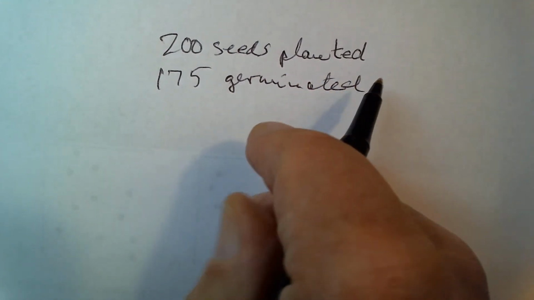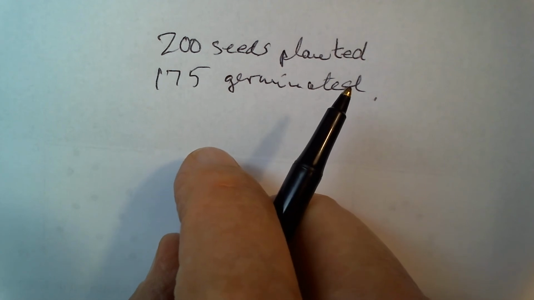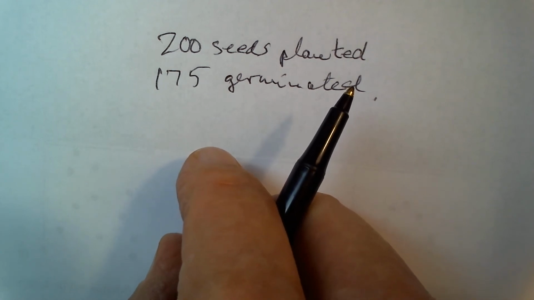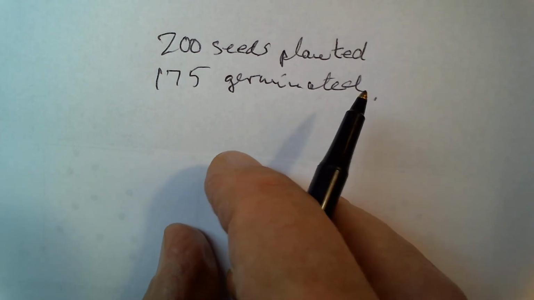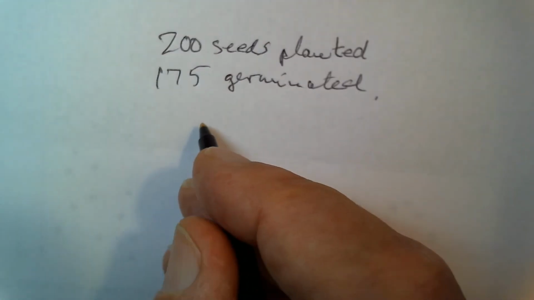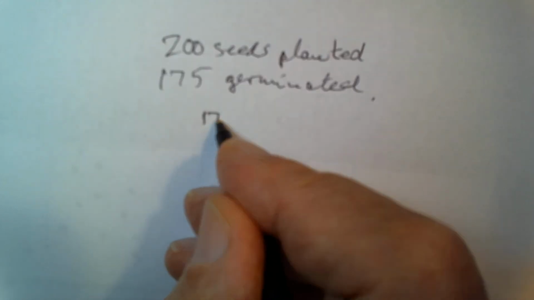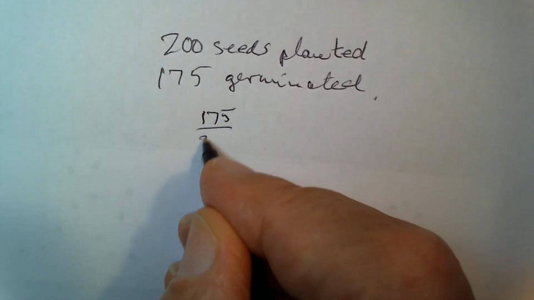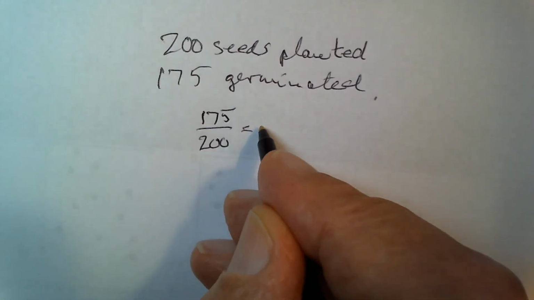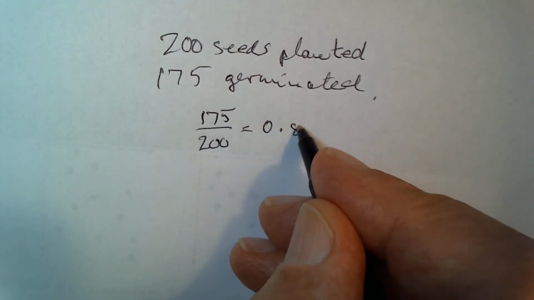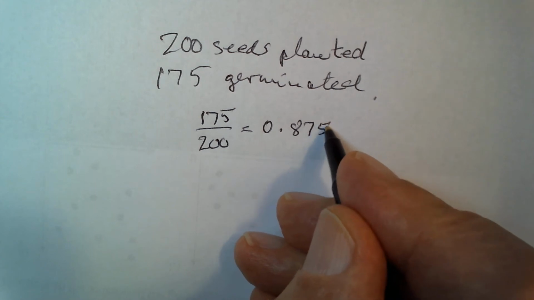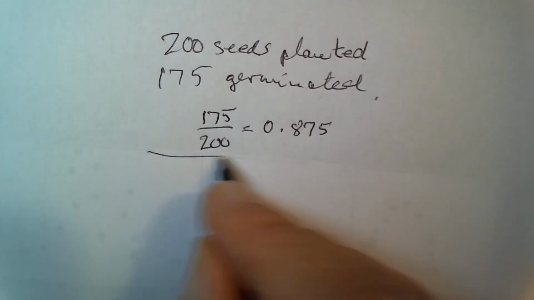So the question is, what is the empirical probability that any one particular seed of this type will germinate? Well, it is 175 divided by 200, which is equal to 0.875. That is the probability that any one particular seed will germinate.